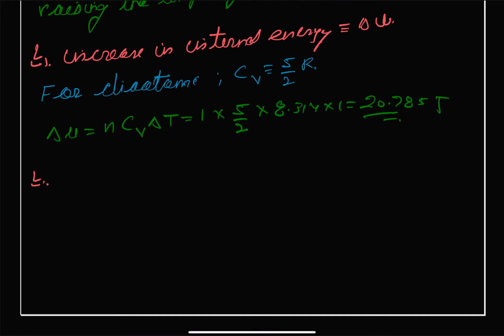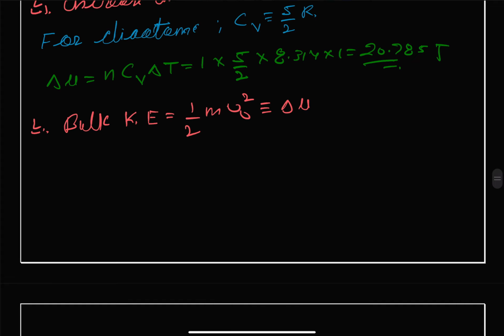You can say bulk kinetic energy will be equal to half m V naught square, and this will be equal to delta U. And from here we can say that our V naught square will be equal to 2 times delta U divided by m, giving us 2 into delta U, which is 20.785, divided by 0.32.